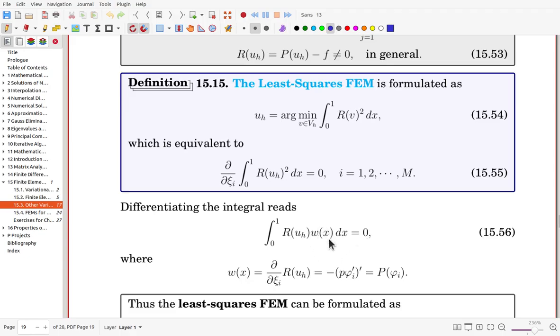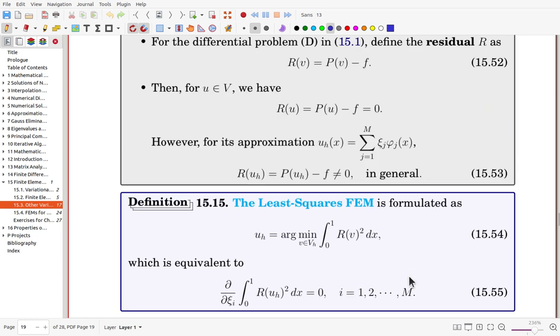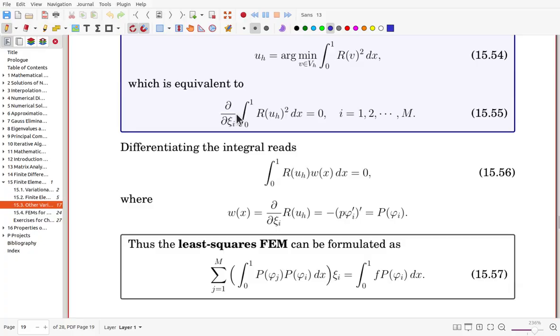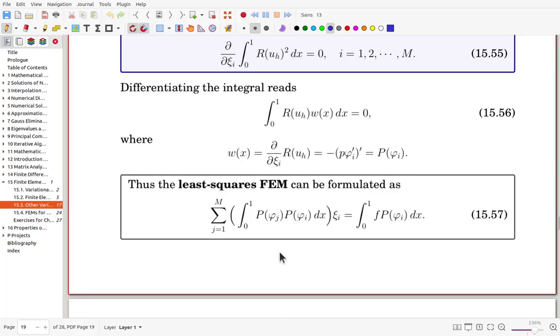Of course, here W is derivative of R with respect to psi i. So we can reach at this, where the operator P is the original PDE differential operator. Okay, so the least squares FEM can be formulated in this way.